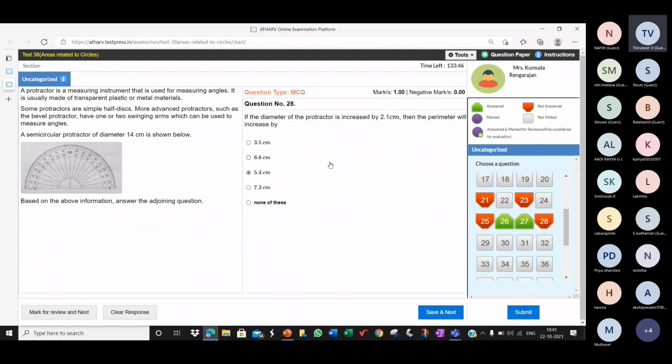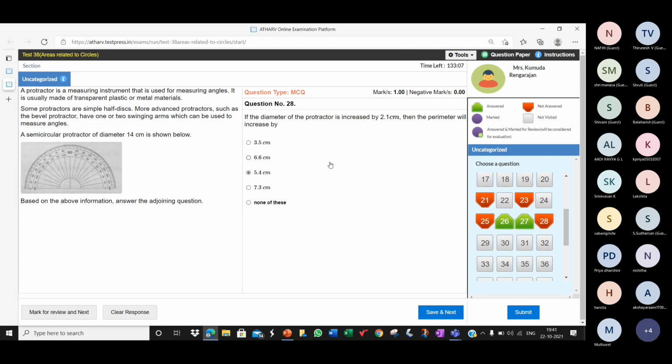Original diameter is 14. Diameter is increased by 2.1, so the new diameter is 16.1. The new radius is 16.1 by 2, which is 8.05.